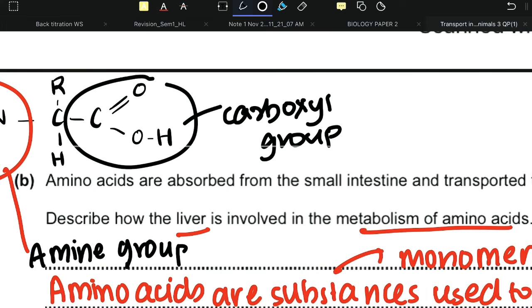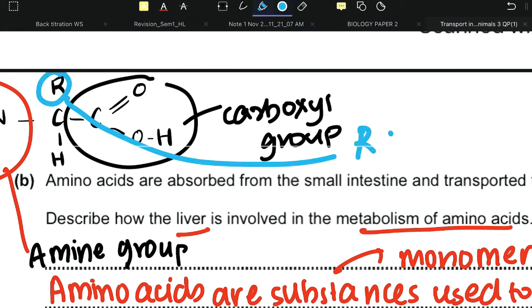And here you're wondering what this R is. This R is your R group, and your R group changes per amino acid, and that is what determines what type of amino acid it is. It determines certain properties of the amino acid, like the structure and hence the function of the protein that is formed from a specific amino acid sequence.